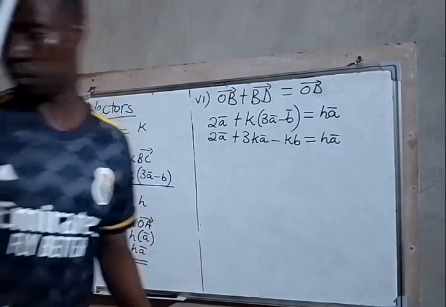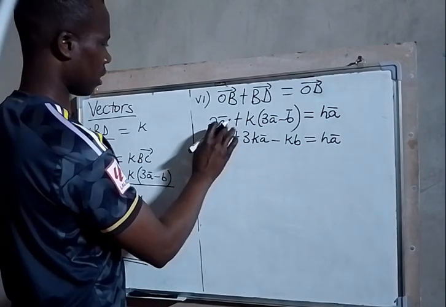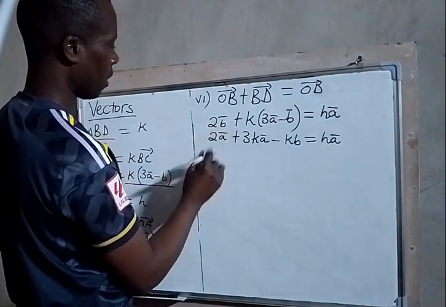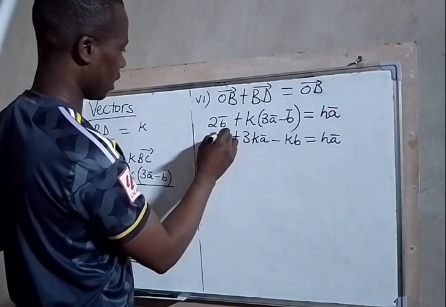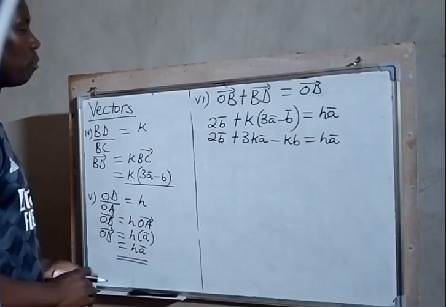Sorry, this is vector 2B, not 2A, it's vector 2B. Check on the diagram, it must be vector 2B.